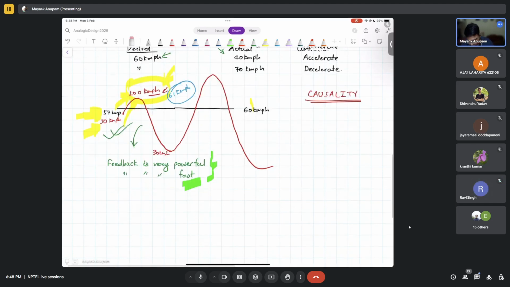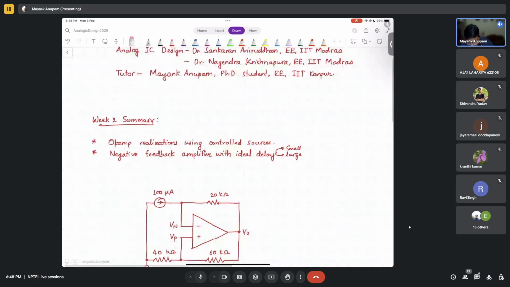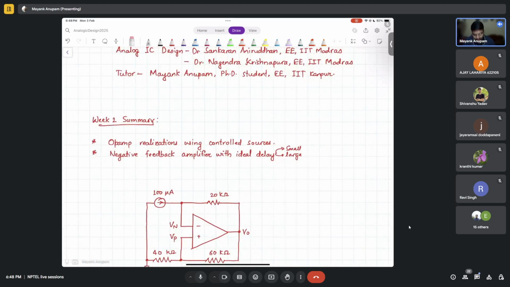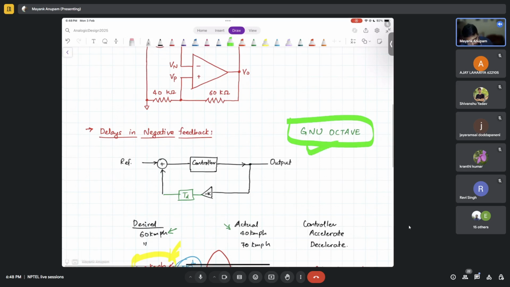All right. If this is clear, I don't think I have anything else to discuss today. There was a lot of maths, so I was saying, please try to recreate the plots on this particular software. If you have MATLAB, it is very good. Use MATLAB. If you do not have a license for MATLAB, use GNU Octave.